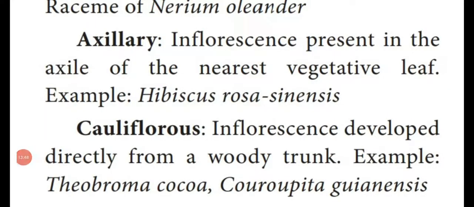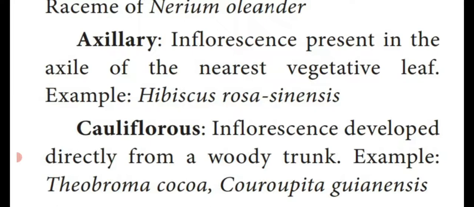Dear students, the next inflorescence is cauliflorous. Caulis is a Greek word which means stem or a shoot. So on the bark of a tree, the flowers are arising or produced. That type of inflorescence is known as cauliflorous.